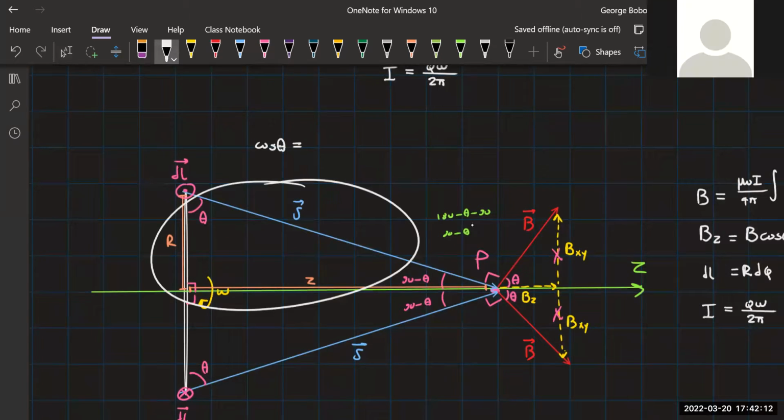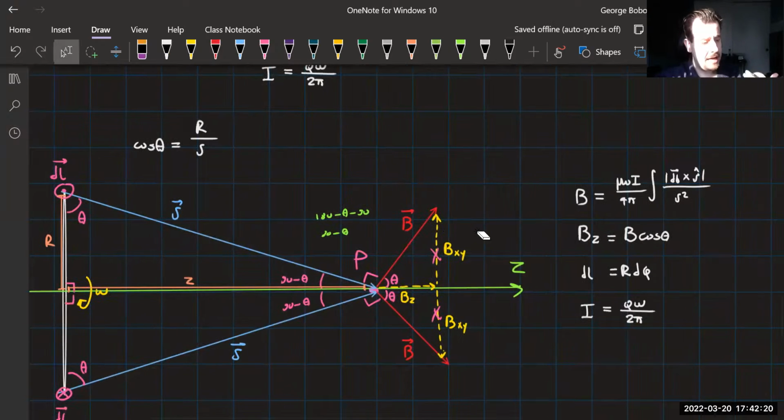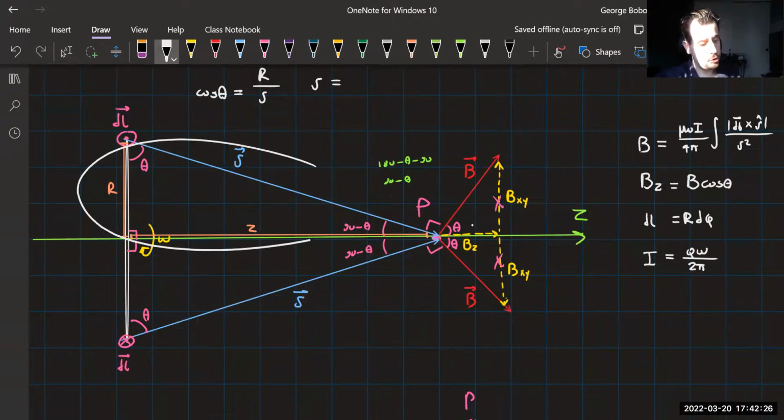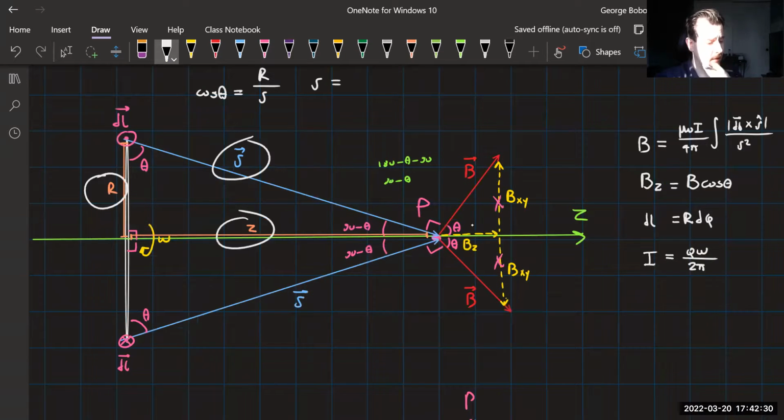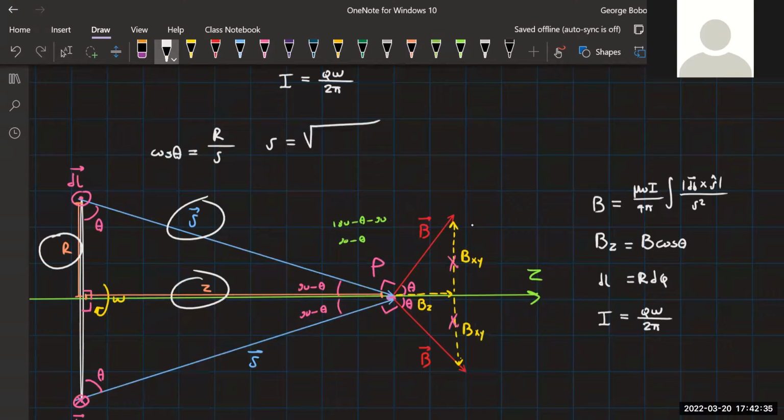Yeah, that'll be R over curly R. Okay, and while we're still at it, could you tell us what curly R is itself right now? Because this is a right-angled triangle. Can you use the other two sides to tell us what this is? Yeah, it's the square root of R squared plus z squared.